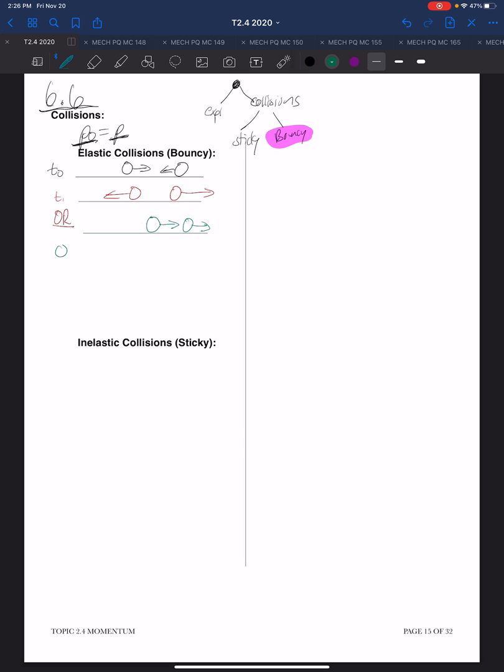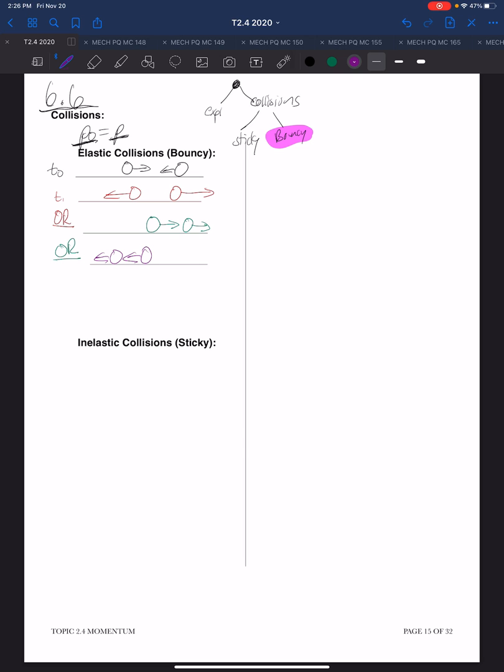Or they could both head off to the left afterward. Those are the three different possibilities we could have if they're bouncing off each other.